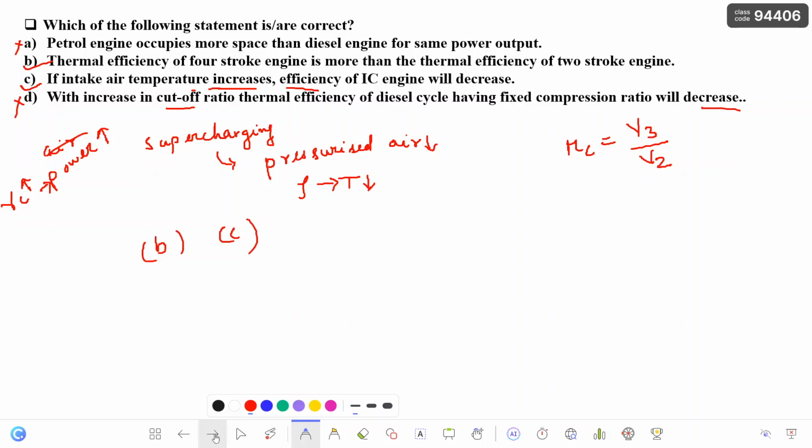Sir, why is option A false? Option A is false because the petrol engine occupies less space than the diesel engine for the same power output.